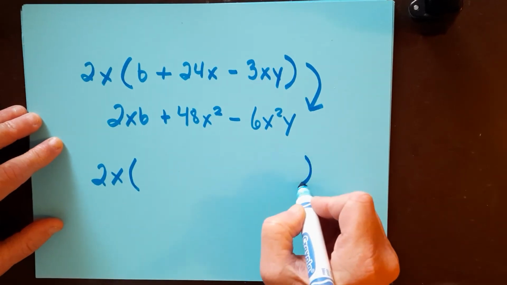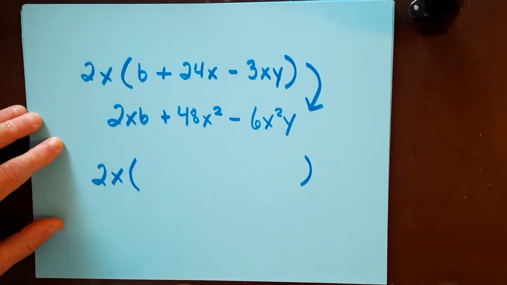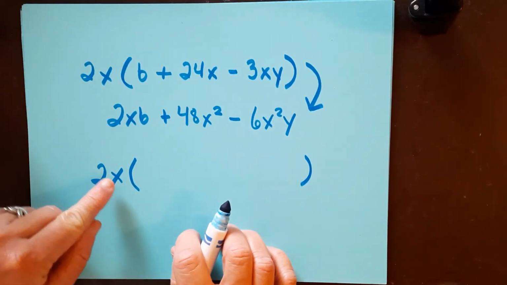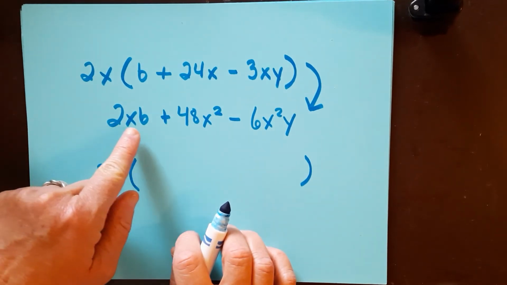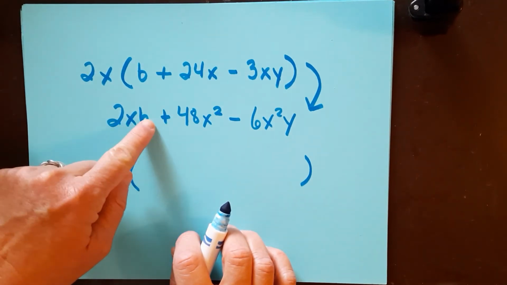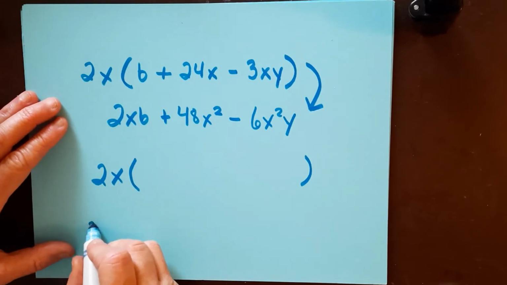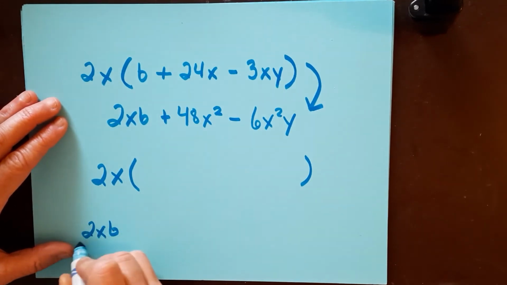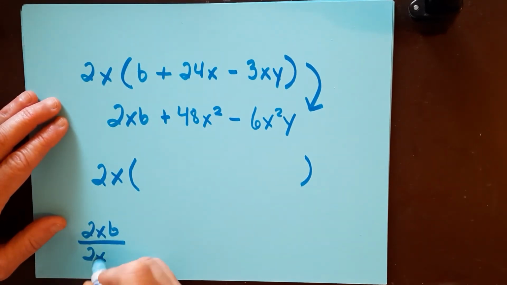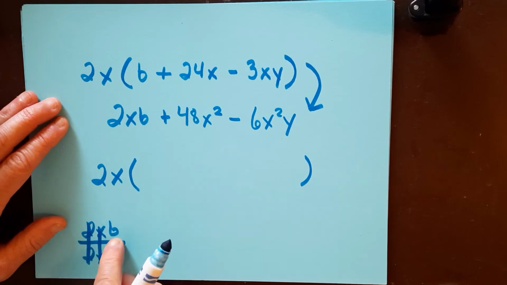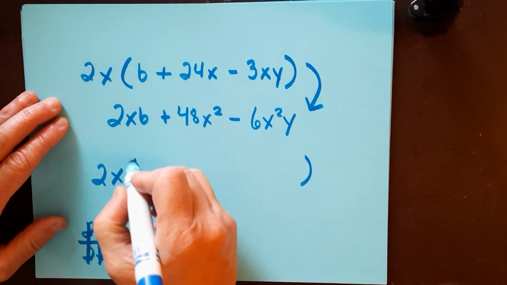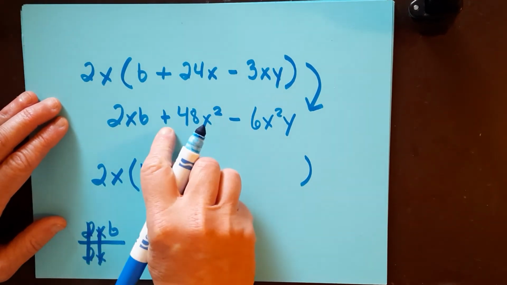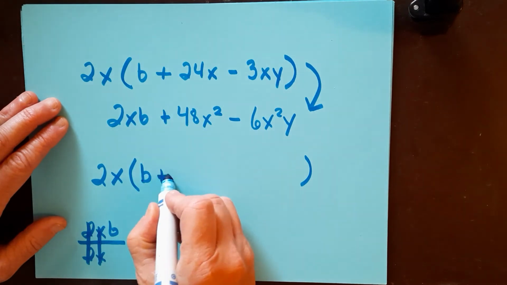Now here's where it says to factor it out. So if we take 2x out of 2xb, if we divide 2xb by 2x, what do we have left? Those cancel out, and we're just left with b. So b would go right here. Then we take this sign and put it right here.